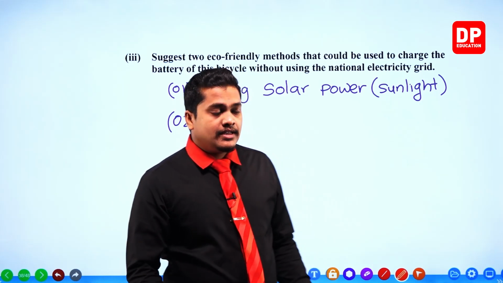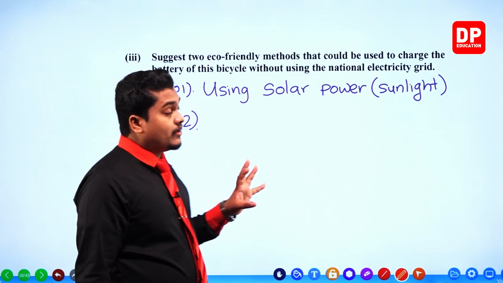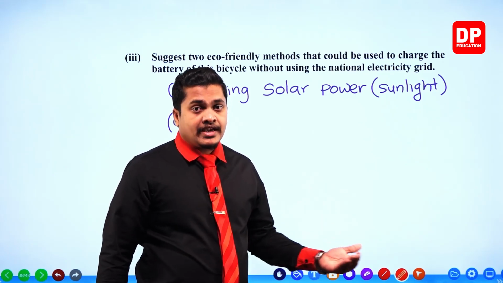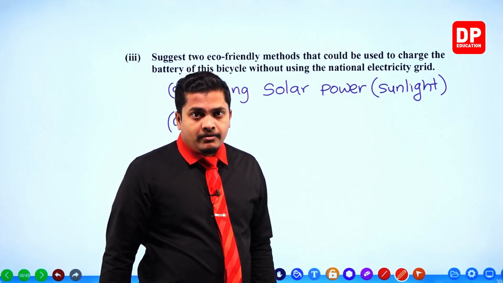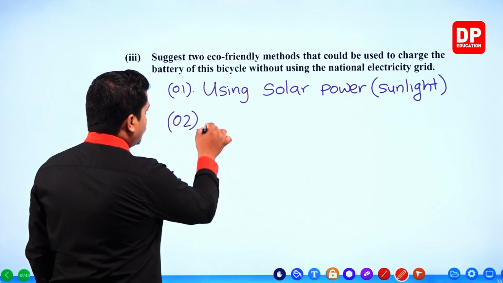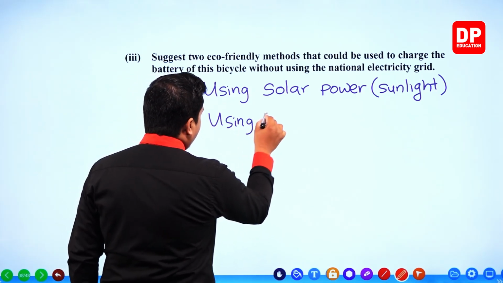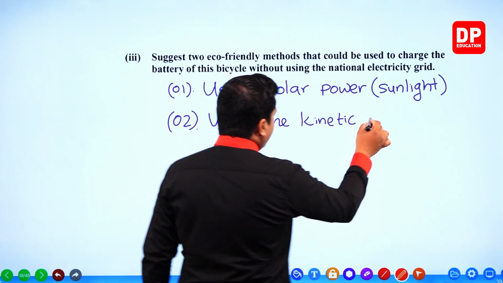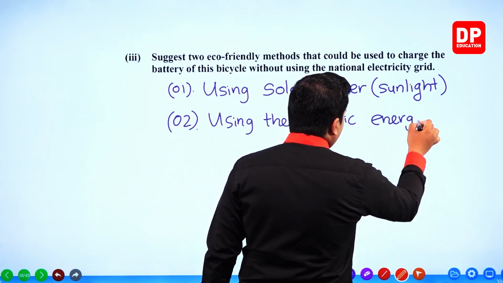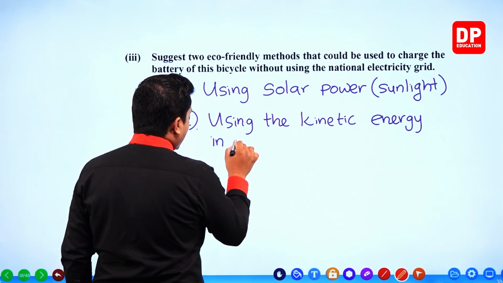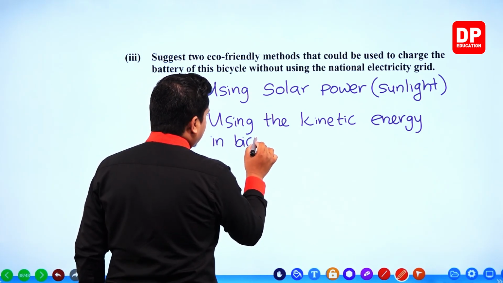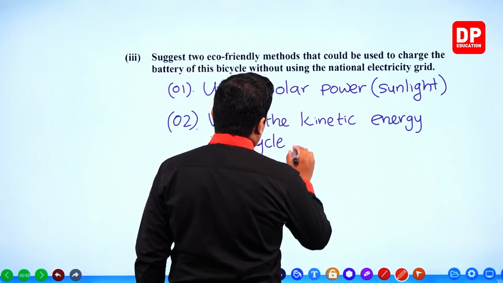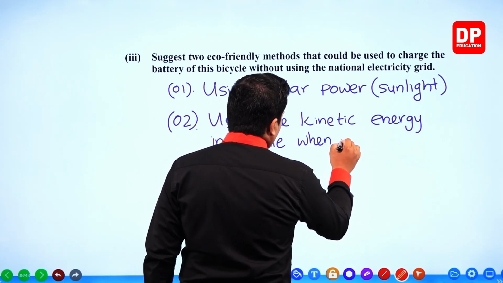Okay, so here the kinetic energy stored in the bicycle during the motion can also be used to recharge the battery. So, using the kinetic energy in the bicycle when it is moving.